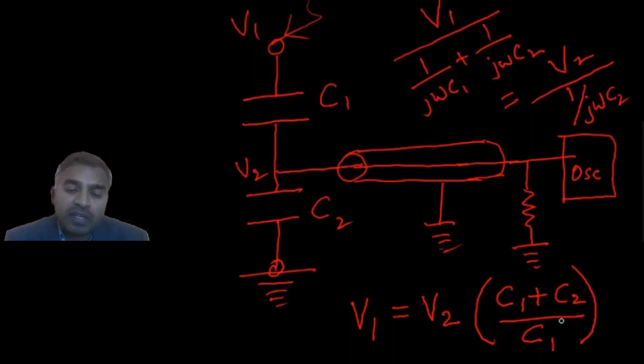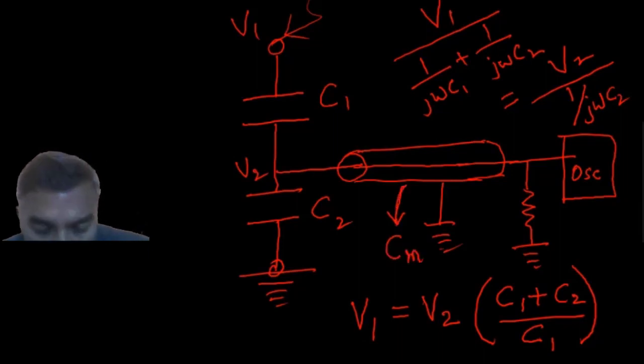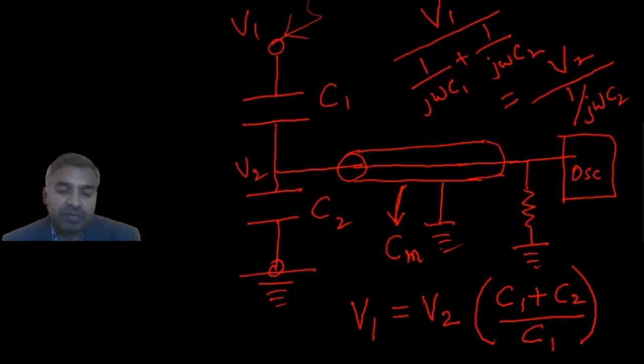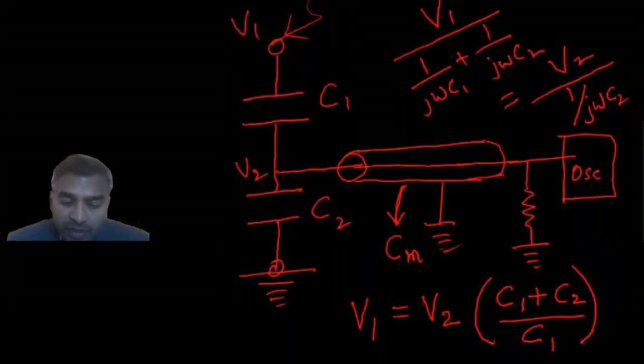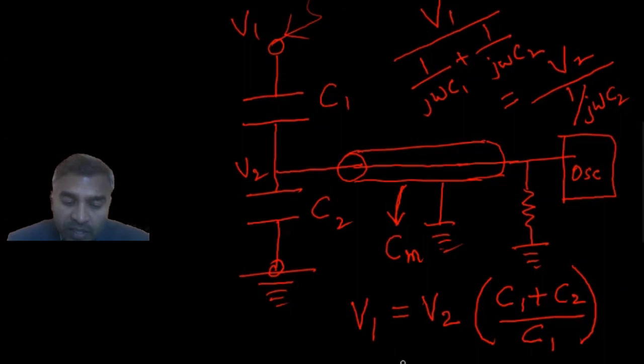Now the measuring cable will also have certain capacitance, measuring capacitance Cm. So in that case, where will it reflect? If we consider the cable capacitance also.